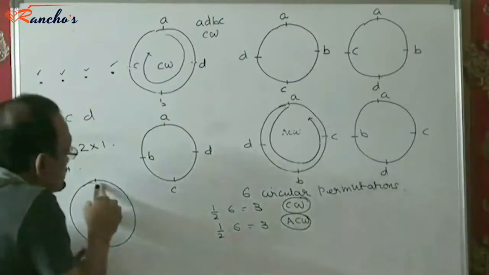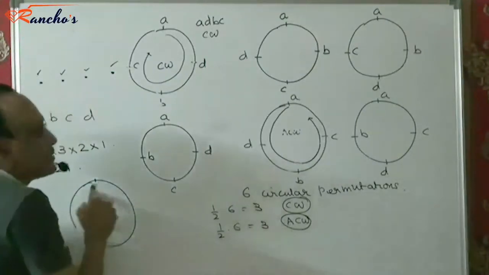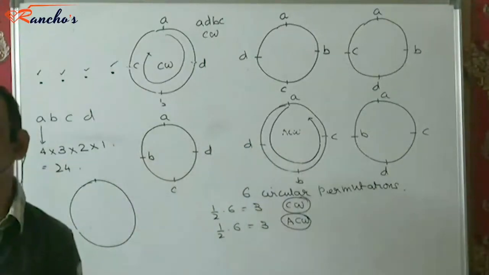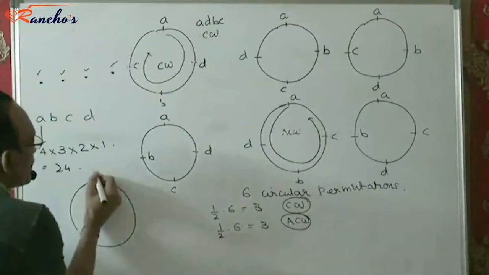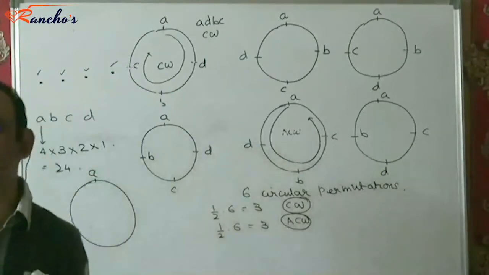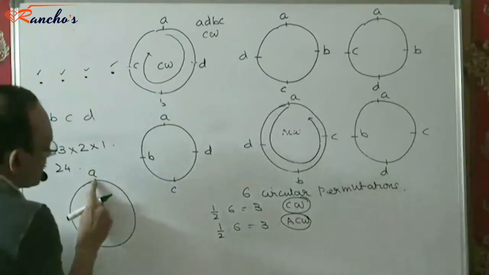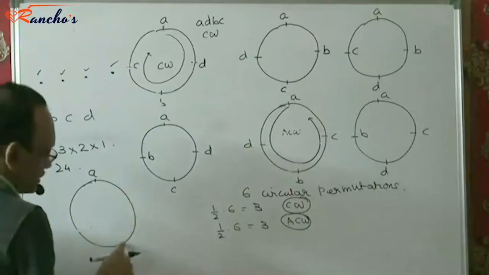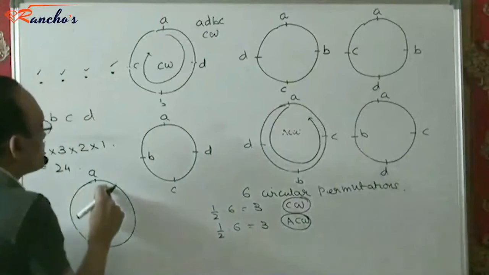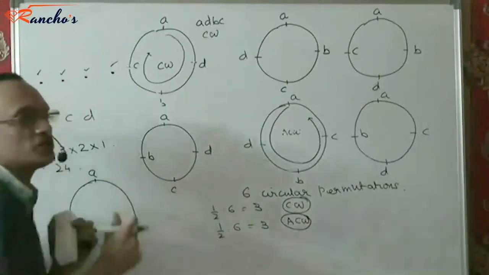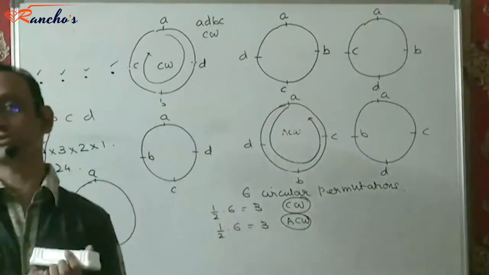There is no way to distinguish between one point and another point on the circle. So there is only one way I can fix A, because whether I fix A here or there, that's only one way. There is no way to distinguish between one point and another on a circle when there is nothing on the circle.